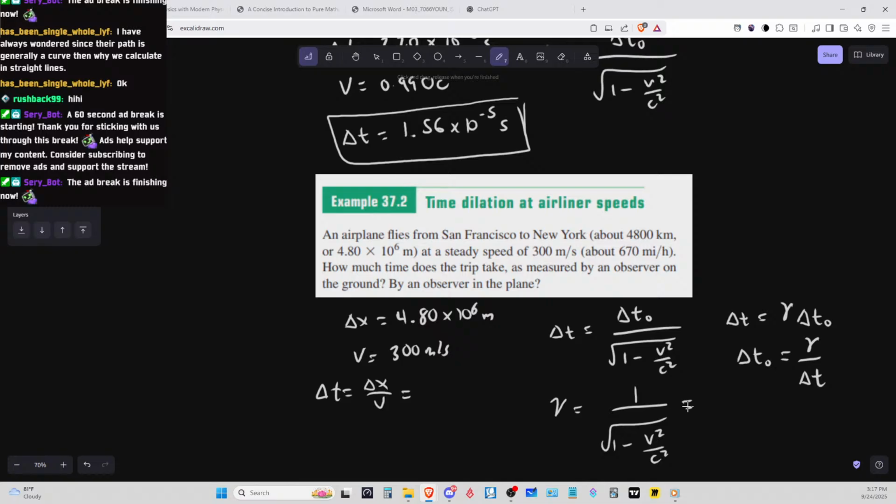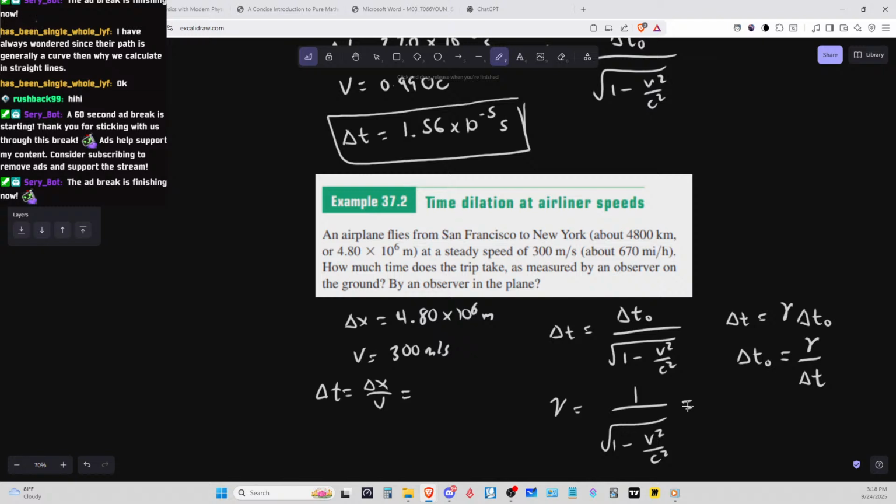So 1 over the square root of 1 minus, and now we've got to do 300 squared over 3.00 times 10 to the 8th power squared. I want to make sure that I type these correctly. Okay.